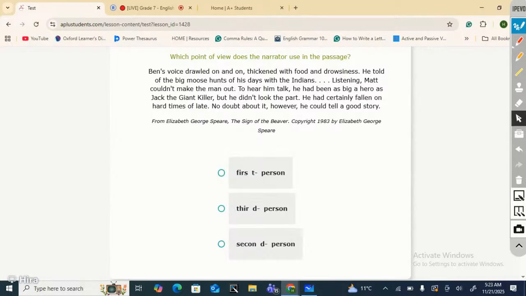I'm waiting for your answers in the comment box. Which option is correct? Which point of view does the narrator use in the passage? First, third, or second person?